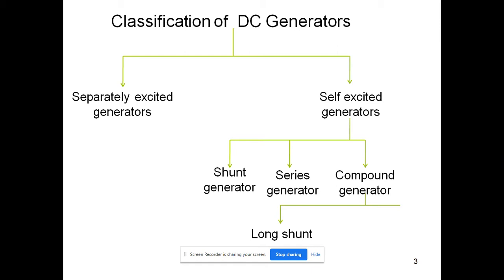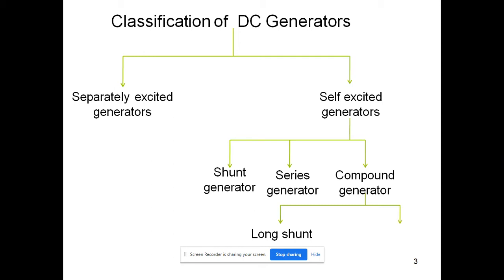Okay, I'm once again repeating. The shunt field winding is connected in parallel with armature and series field. Then such a type of generators are called as long shunt generators.